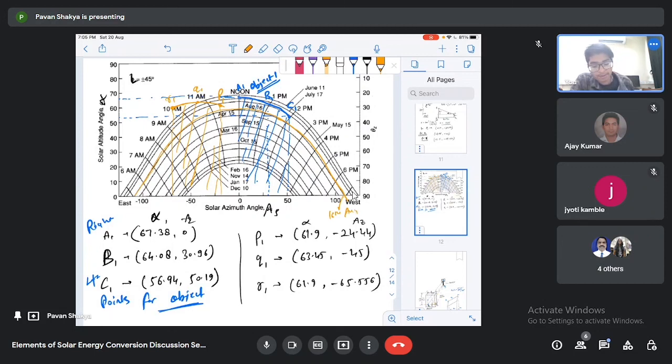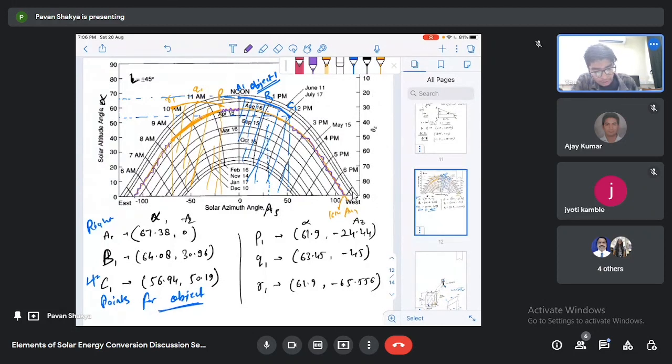So the line that is falling in between these regions, for this time on this day the PV panel will be shaded, except for this time and for this time, the PV panel will not be shaded.